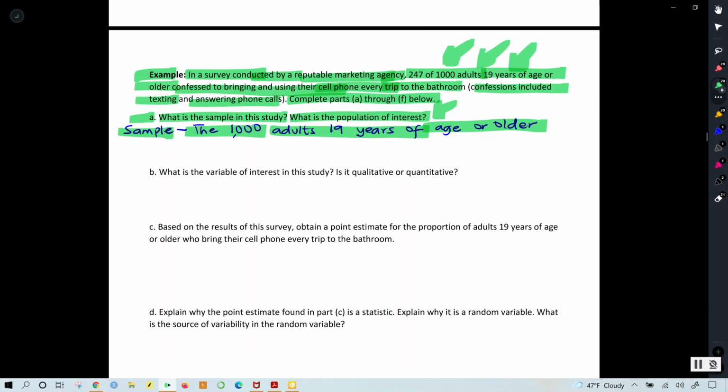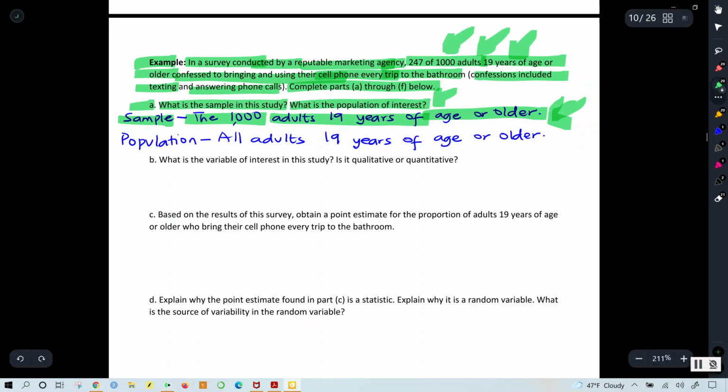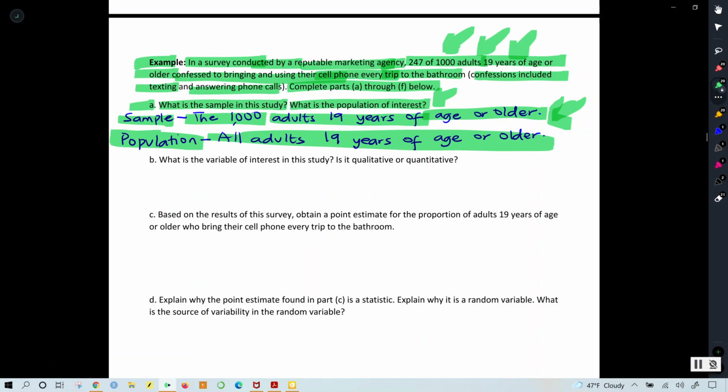That is, what bigger pool did we select the sample from? As you might imagine, the population is all adults 19 years of age or older. So, what we have just said is what we have just penned down. All adults 19 years of age or older will constitute the population.